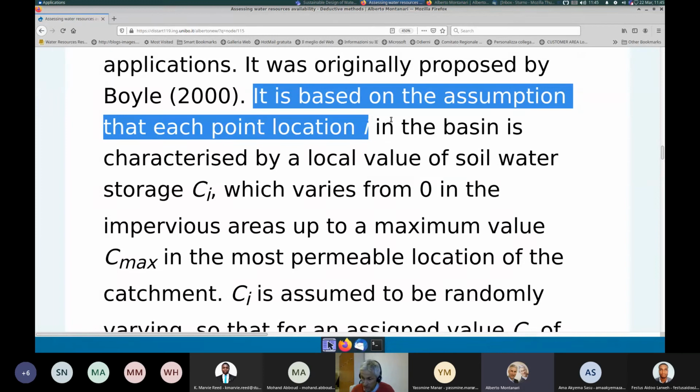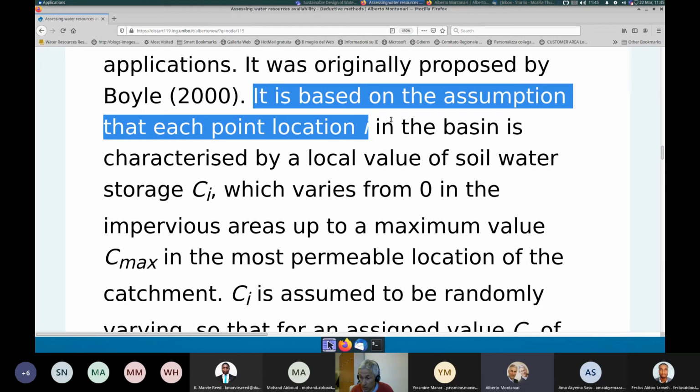Now, when we want to describe heterogeneity, we need to split the catchment into small pieces, into elementary areas. And this is what Imod does for describing a particular form of heterogeneity. Imod doesn't describe all the heterogeneity. For instance, it doesn't describe heterogeneity in rainfall, but it does describe some particular form.